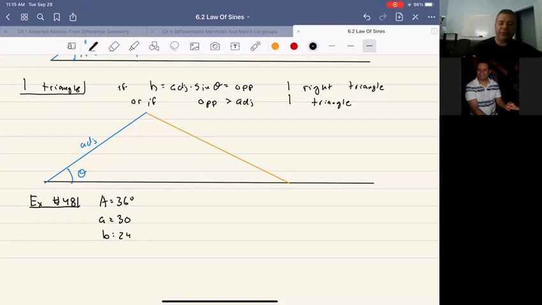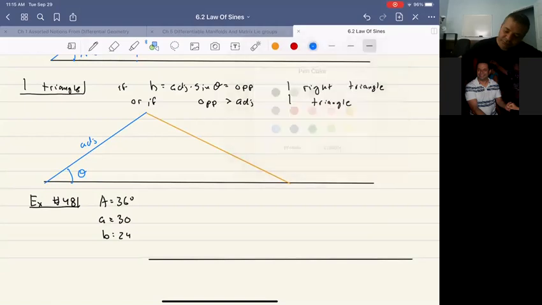In this case, we have exactly that. A equals 36. So let me draw this picture again. My angle A is 36 degrees, and my b is 24.